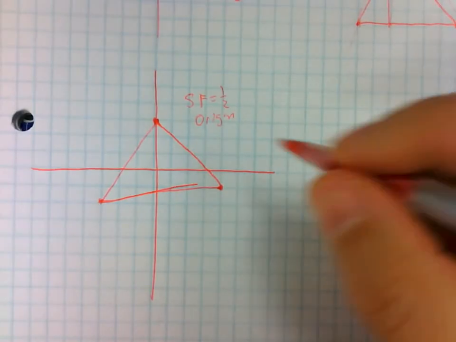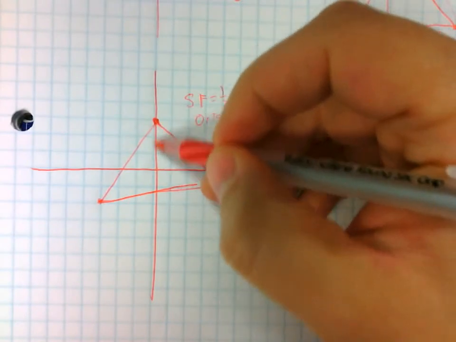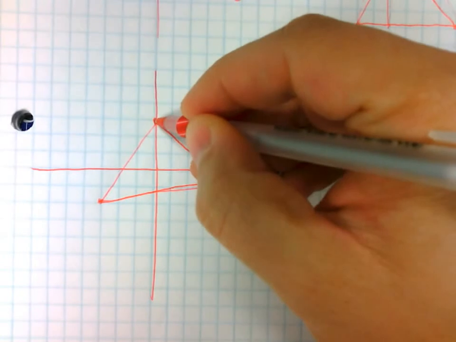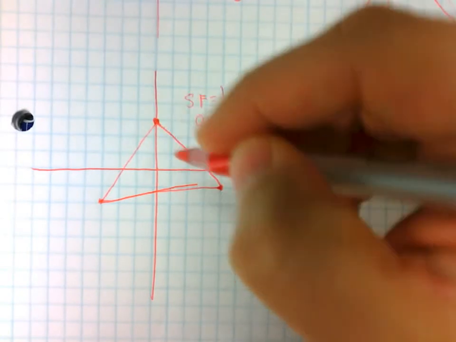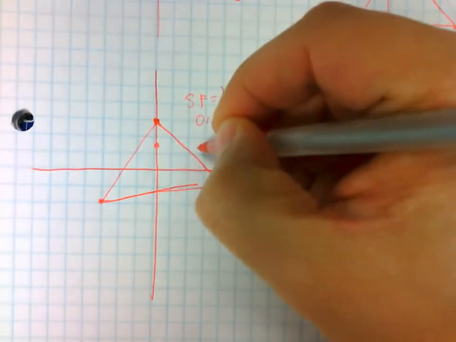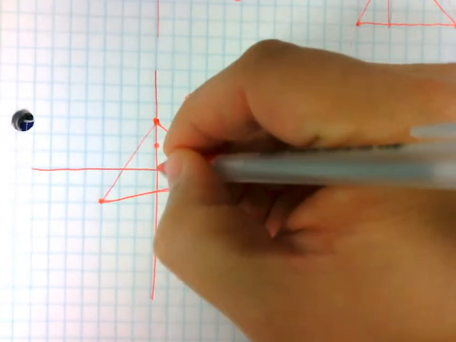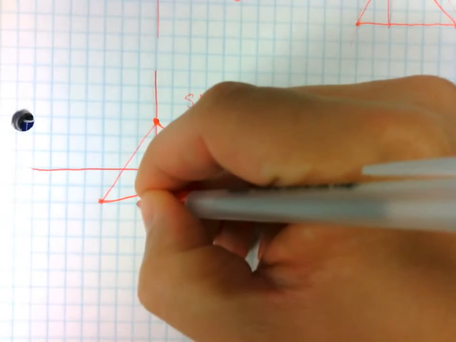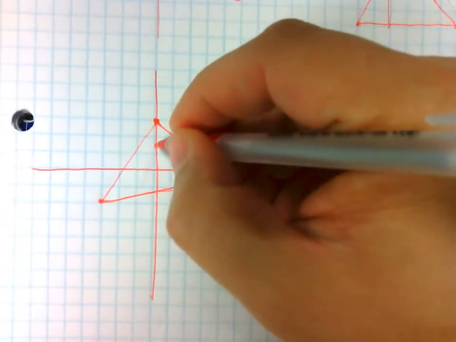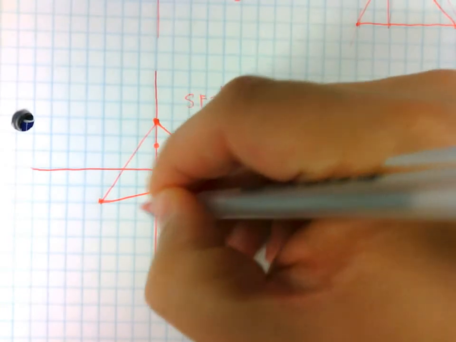Okay, now again, what I'm going to do is just see how far away my point is from the origin, and then I'm going to cut that in half. So this point is 3 units away. Half of 3 is 1.5. So that point is going to move to right here. This point is down 2 and left 3.